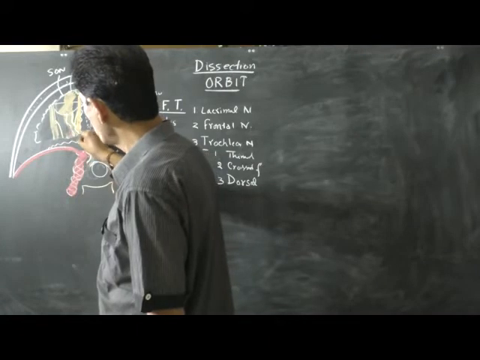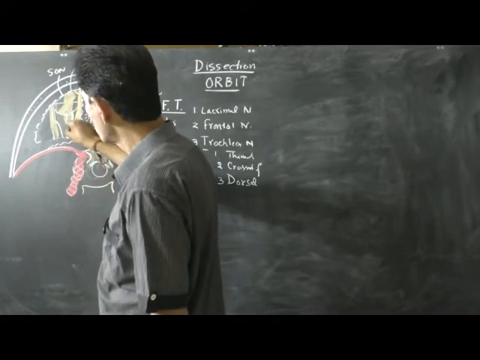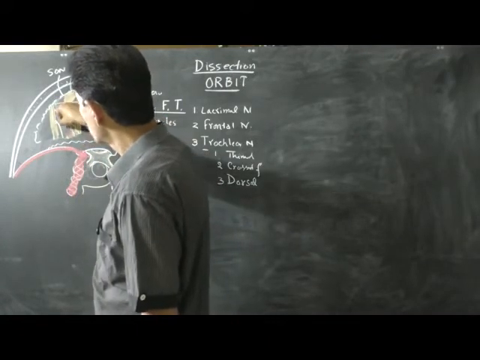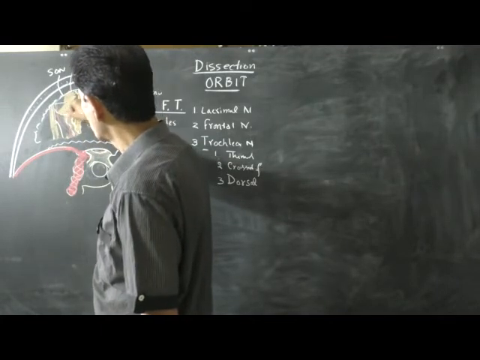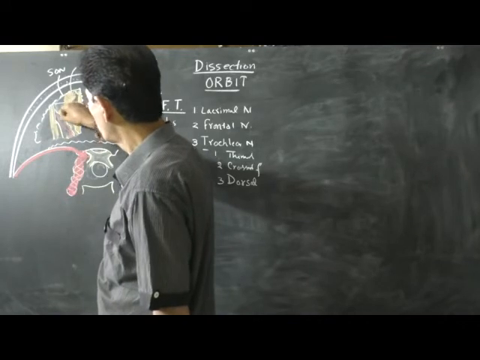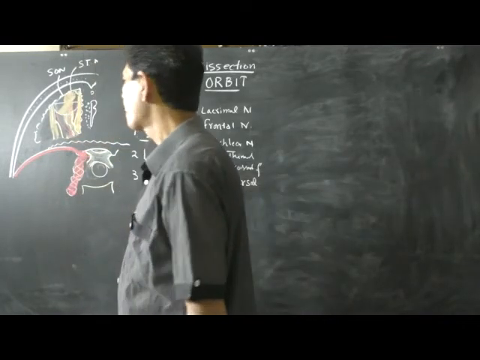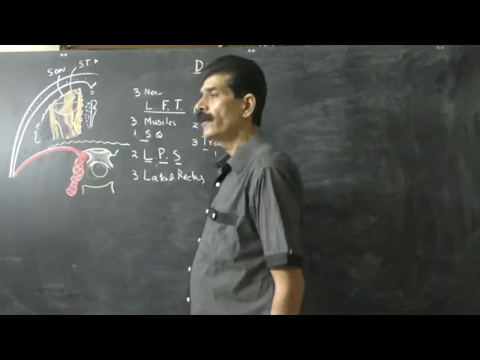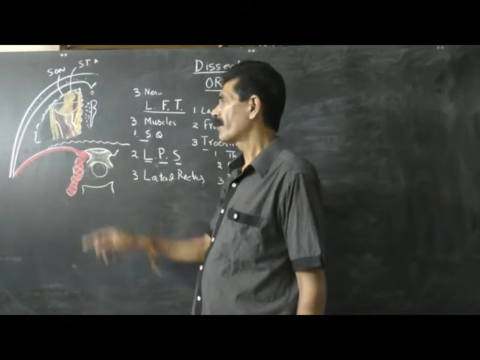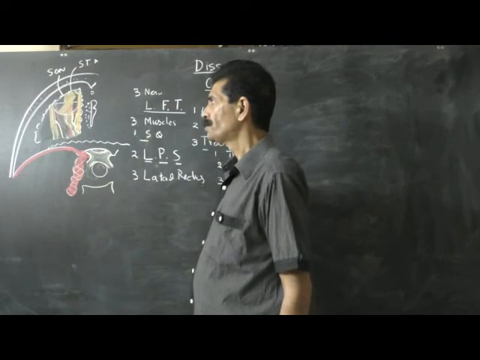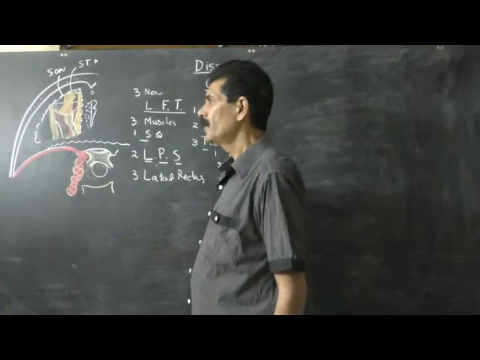Inferior-lateral, it reaches into the orbit and gives various branches to the muscles of the eyeball. So this is the course of the ophthalmic artery, entering inferior-lateral to the optic nerve. So these things we see here.